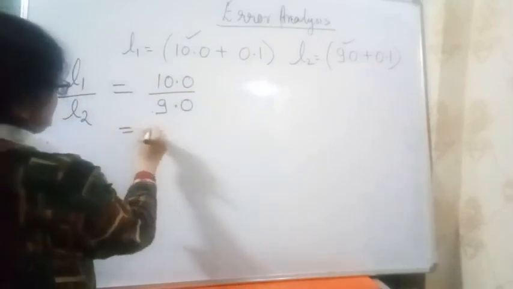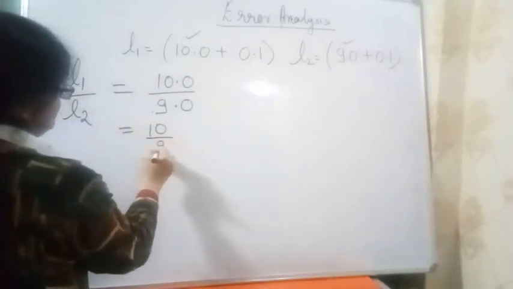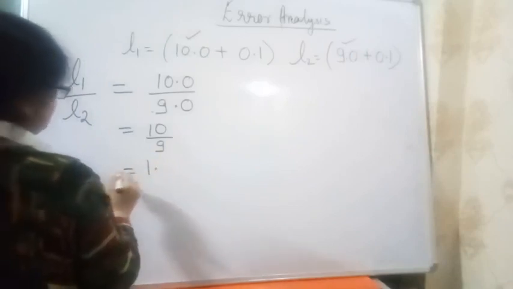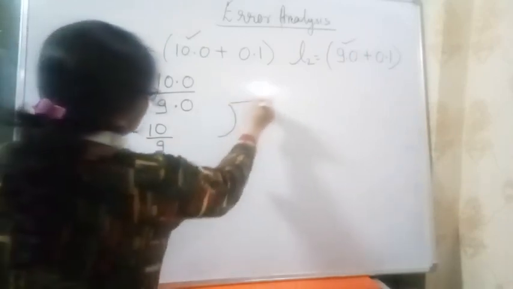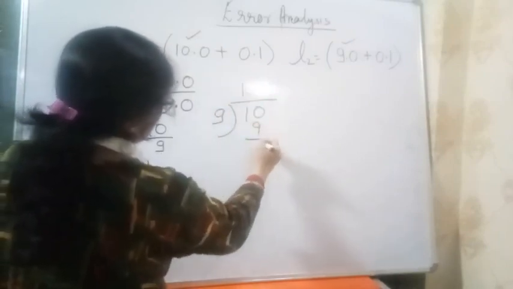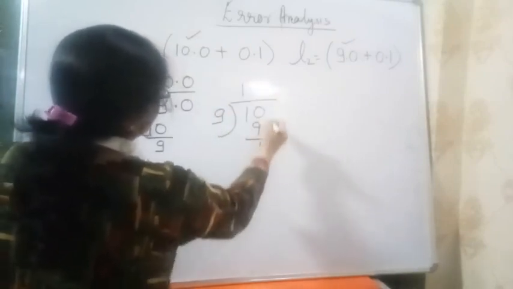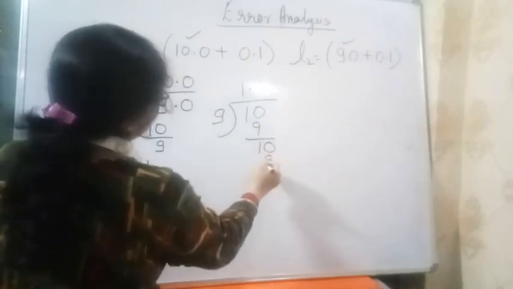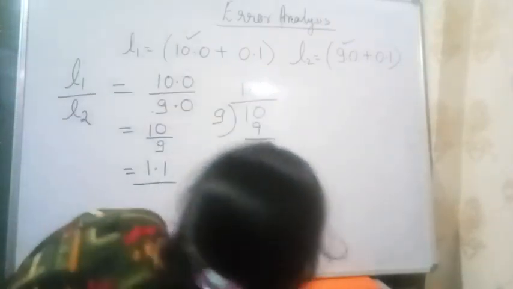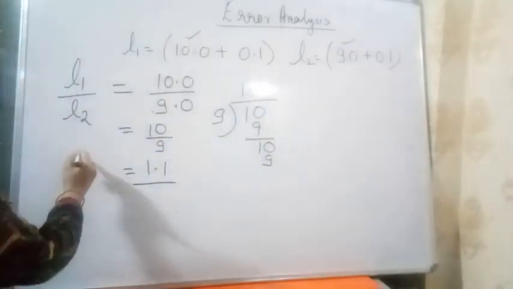That means we have 10 by 9. Now divide it: 9 ones are 9, point, 10, 9, 9 ones are 9, 1.0, 9 ones are 9, that means 1.1 is what we get. Clear?